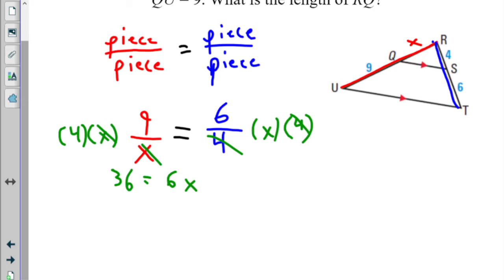And now, that should be straightforward enough to solve. Because we have 6 times x equals 36. Well, that's multiplying, so we're going to undo it by dividing. So we're going to divide by 6, and we're going to get x equals 6.